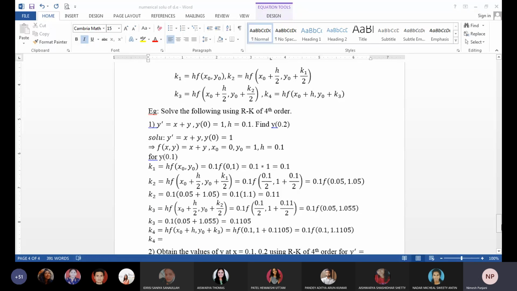What is the value which I will get? 0.1 plus 1.1105. So this is what we get, 0.1210. K4 check करो. Same. Okay, 0.1.